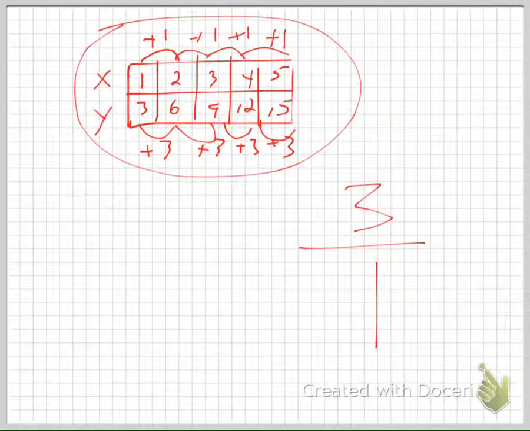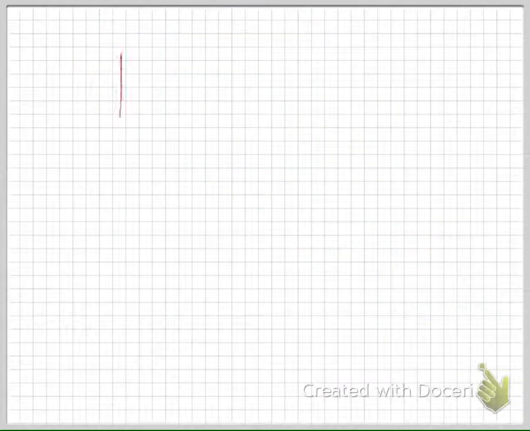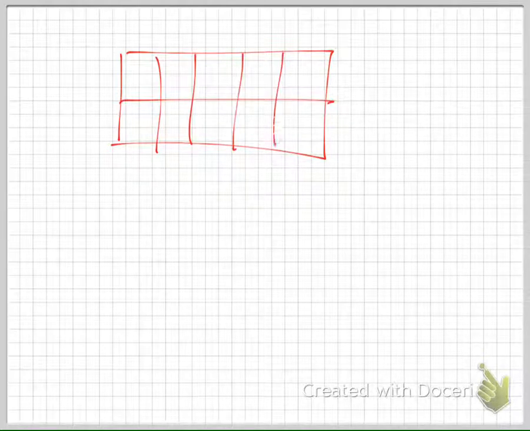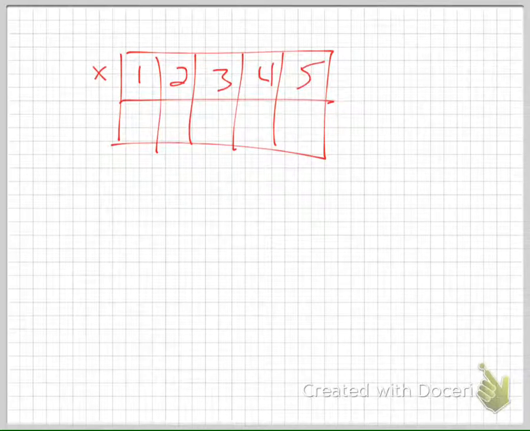Now, what about this? Why is x always like sequential and easy? Because those are the numbers that you choose.